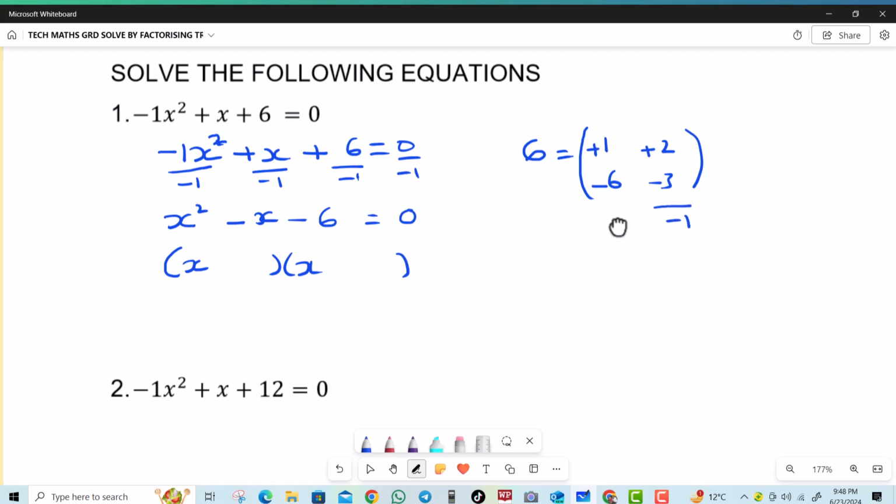So we're going to say here plus 2, and then minus 3. But don't forget we have got the equal sign. We're going to say equals to 0.